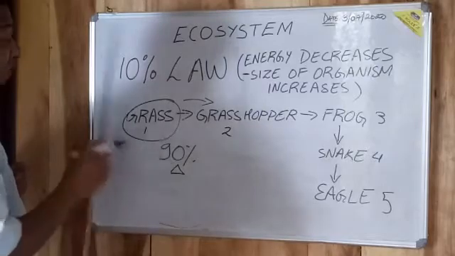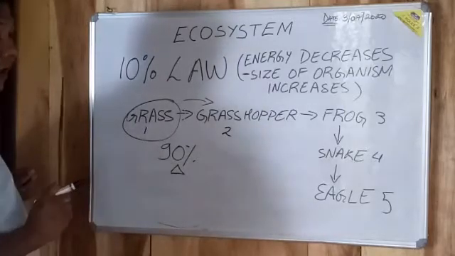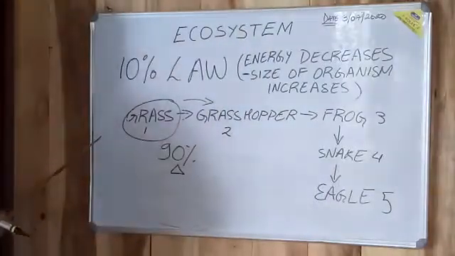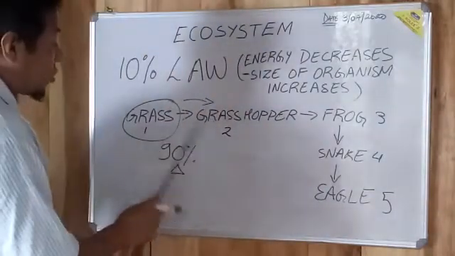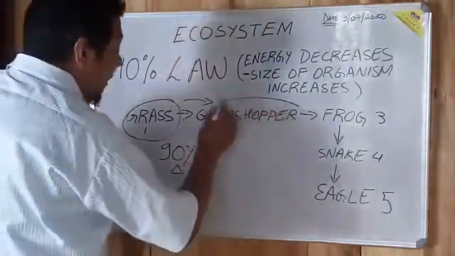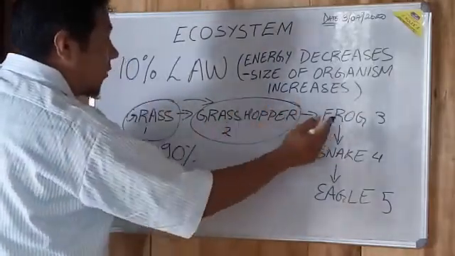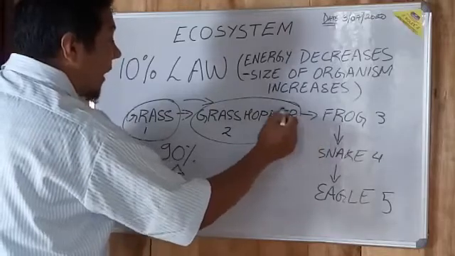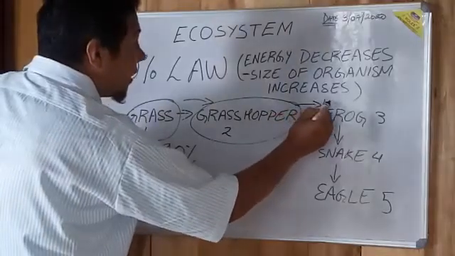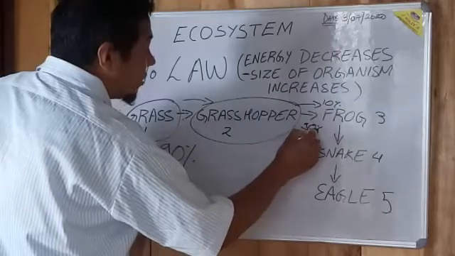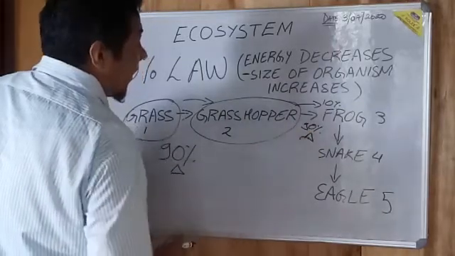Now the grasshopper is bigger than the blade of grass that it consumes. Similarly, when the grasshopper, with its 10% of energy, is eaten by a frog, the frog gets only what percent of energy? Only 10% of energy, and the 90% of the energy will be lost as heat energy.